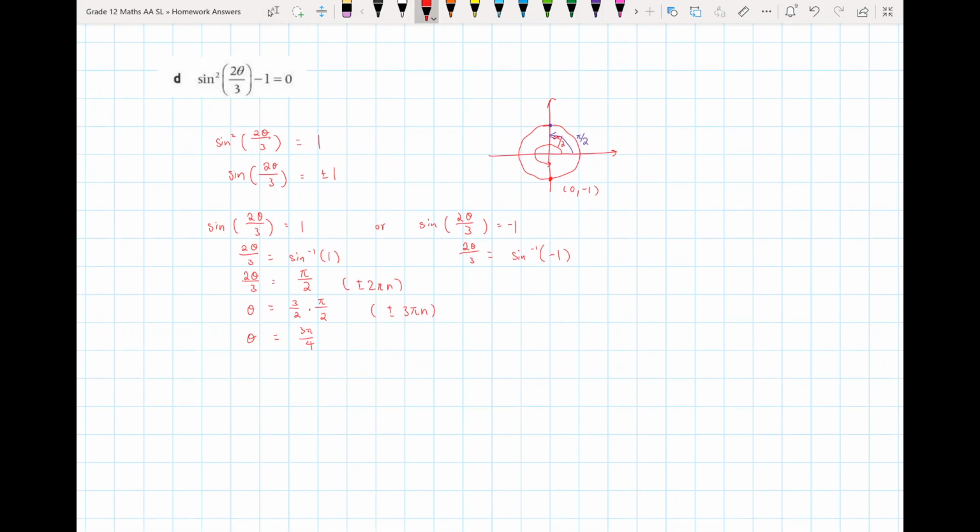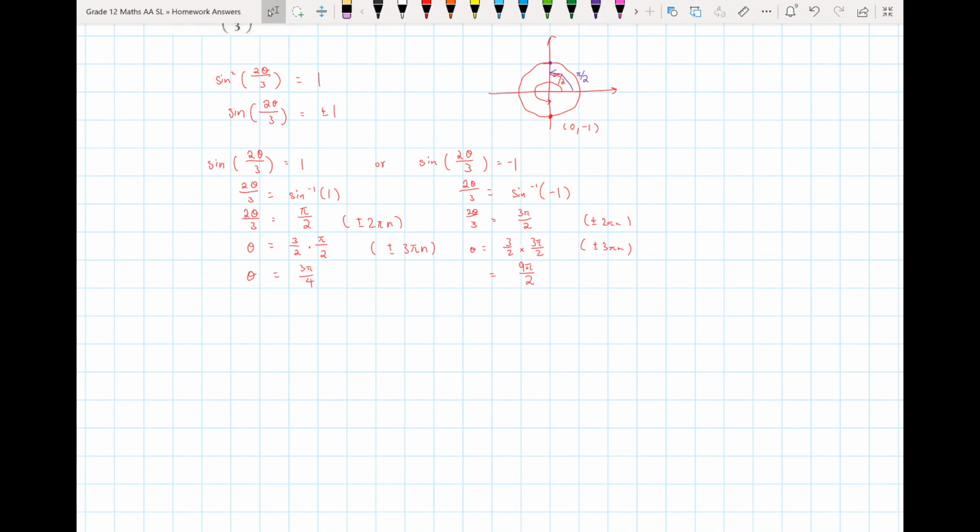So on the right-hand side, we have something very similar. This angle is 3 pi by 2. So again, we can multiply both sides by 3 over 2 to give it a coefficient. We'll just write down the period and the new period as well. So this will be 9 pi by 2. Now this is not a viable solution because that's 4.5 pi, which is bigger than 2 pi.